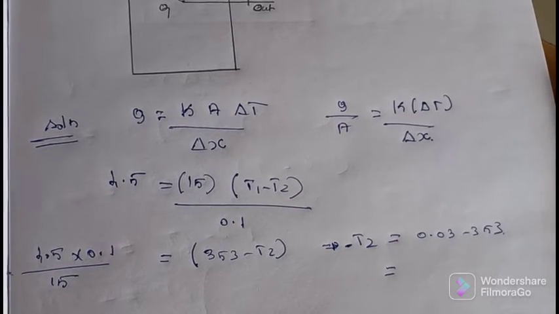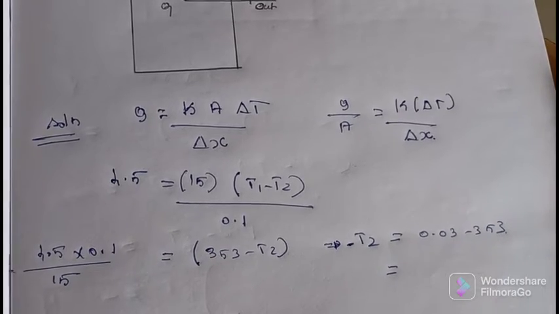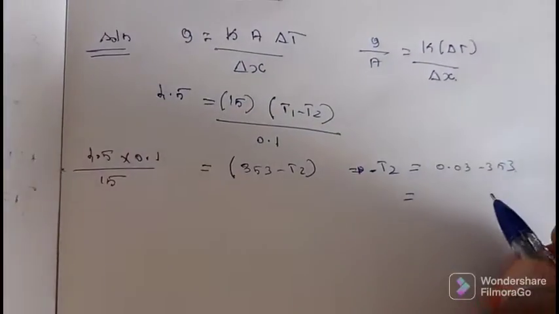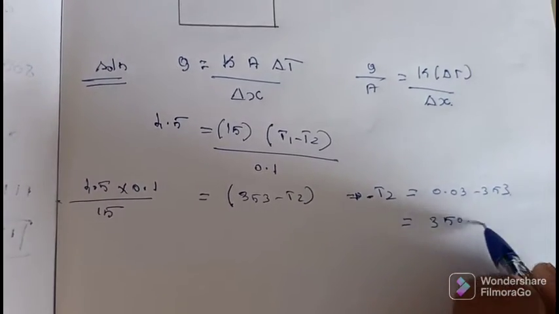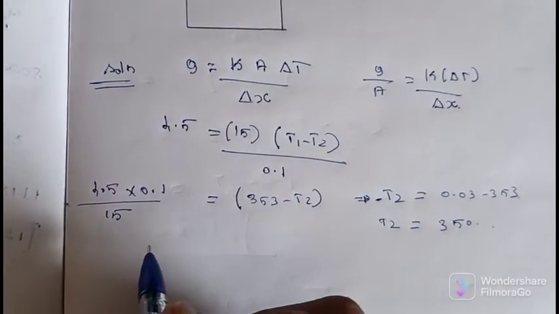Here we are getting values of nearly 350 something, so we have to go for verification once again.